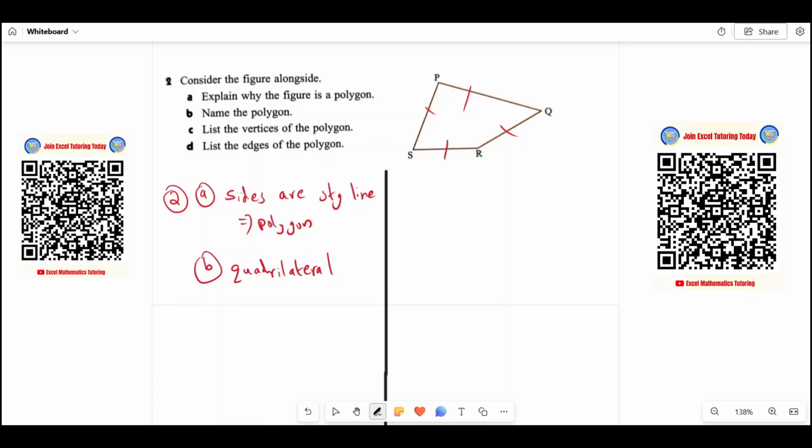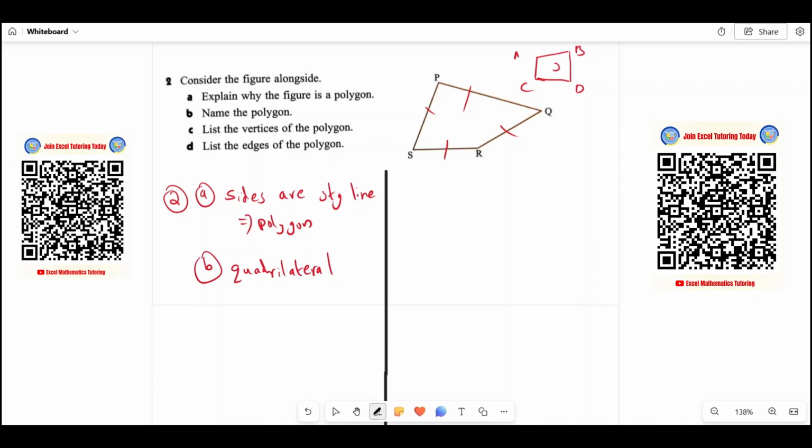Because anything with four sides, we usually call it a quadrilateral. If I draw like this, this one is a quadrilateral ABDC. So ABDC is a quadrilateral.